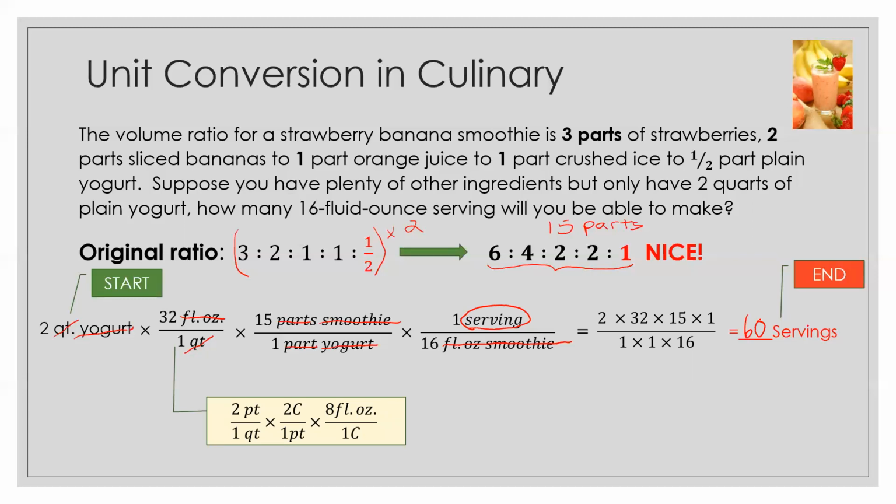Now, some people might ask, well, how do you know 1 quart is 32 fluid ounces? Well, if you weren't in culinary, you might not know that for a fact, but let's think about it for a minute. You could go slowly instead of the one direct step right here. You could do 1 quart is 2 pints, and 1 pint is 2 cups.